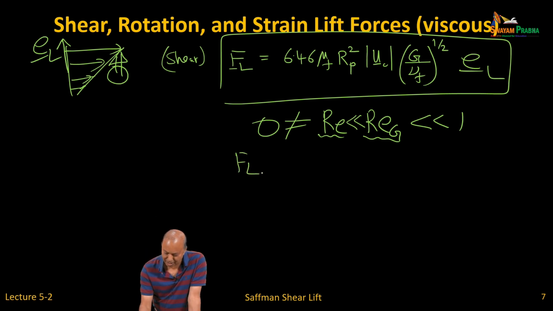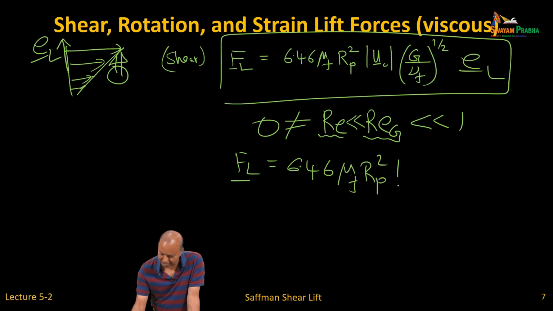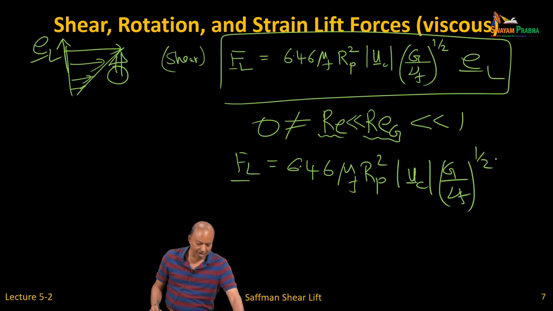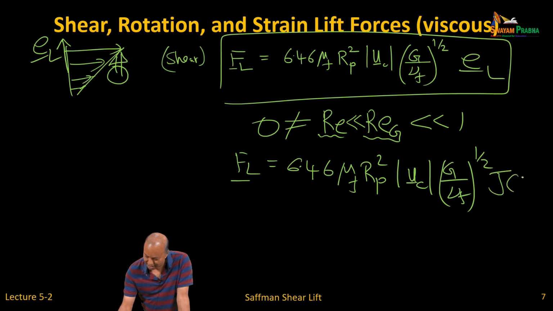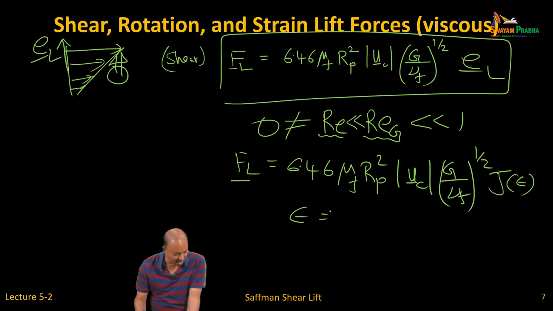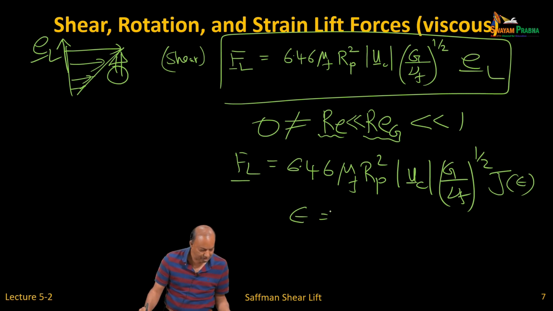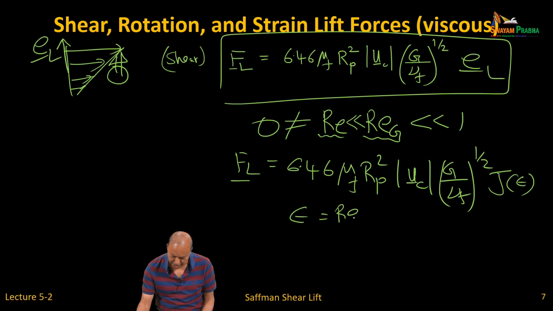McLaurin. So McLaurin is a really great researcher at Clarkson. So he extended this theory of Saffman, and he derived a correction function, some function J of epsilon, and epsilon is related to Reg to the power 1/2 divided by Re.